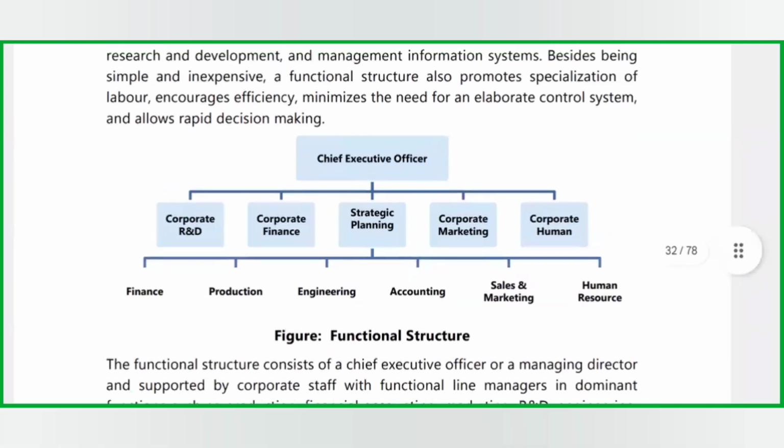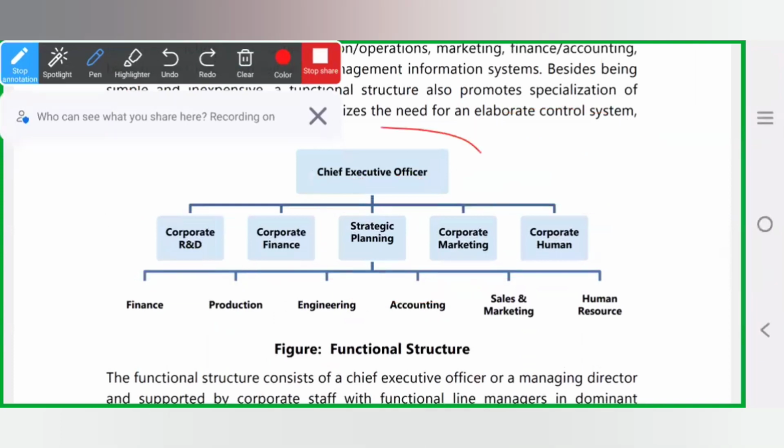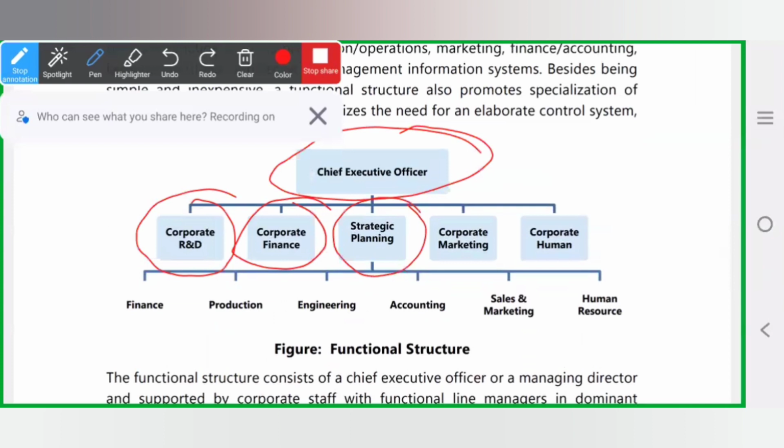So here the structure is like there's a chief executive officer, CEO, and we have different divisions like corporate R&D, corporate finance, strategic planning. Under planning we have finance, production, engineering, accounting, sales and human resource. Then we have marketing and corporate human resources as well as special or different functions.